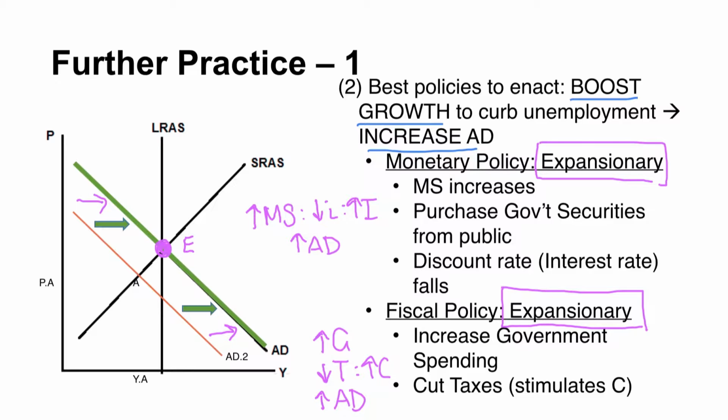So if our economy is starting off in a recession, and this recession is coming from a demand-side shock because aggregate demand is lower than in the long-run equilibrium, indicated by the higher unemployment rate and the relatively lower inflation rate, the best thing for the government to do is to enact expansionary policies, either through expansionary monetary policy by the Federal Reserve, or through expansionary fiscal policy by Congress and the federal government.